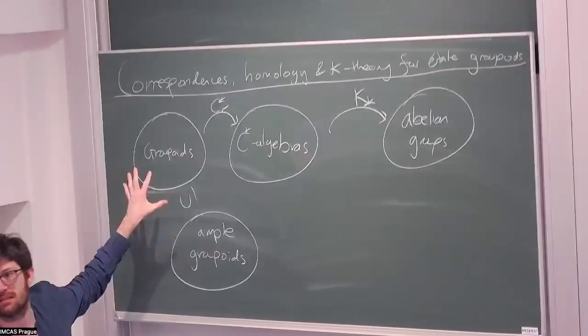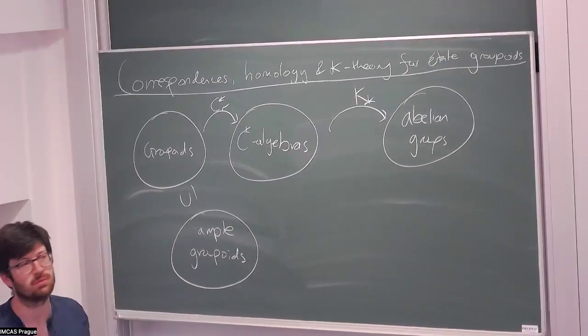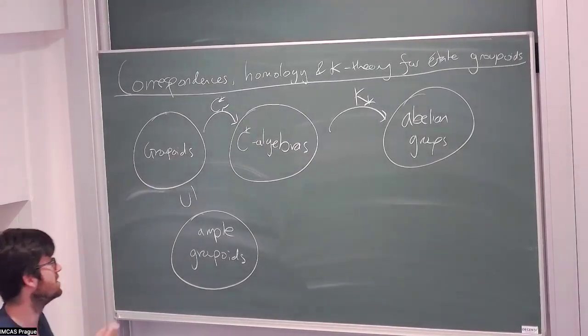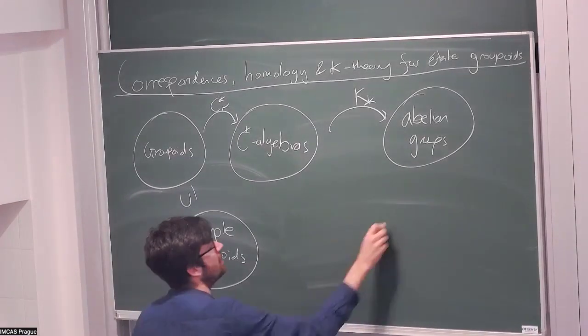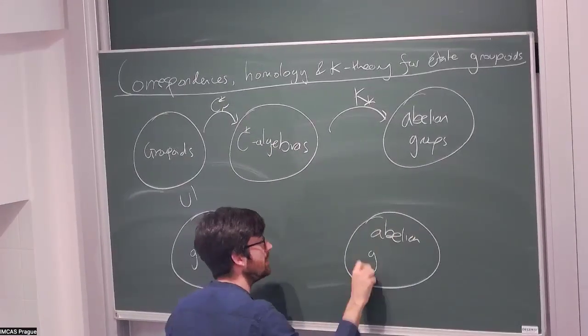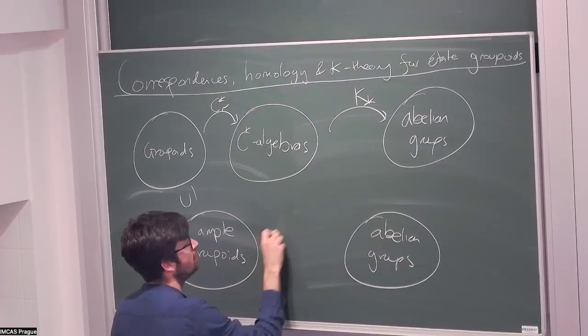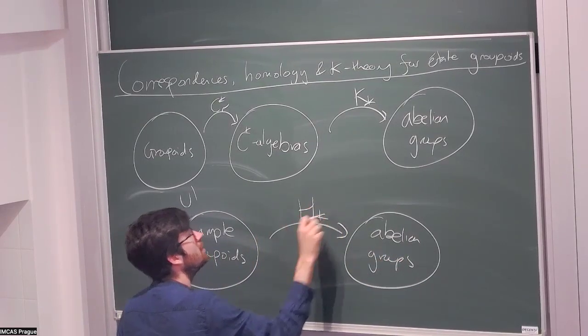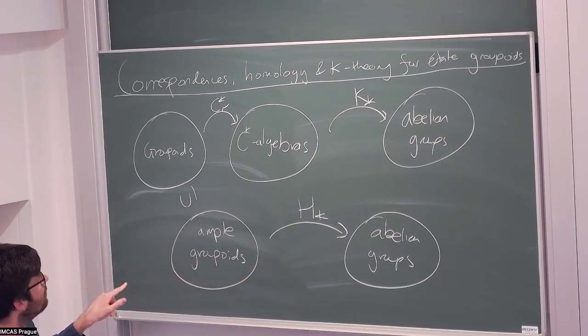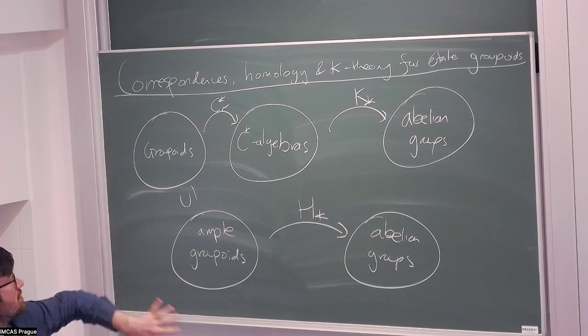It removes a lot of topological difficulties when working with totally disconnected spaces. And in particular, we have this nice homology theory for these groupoids. So this is the diagram I want us to understand.